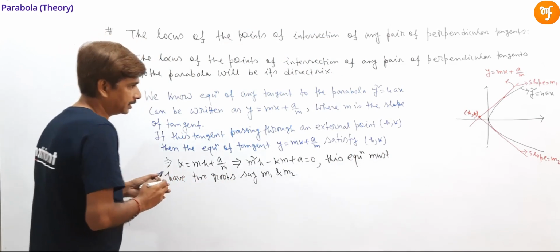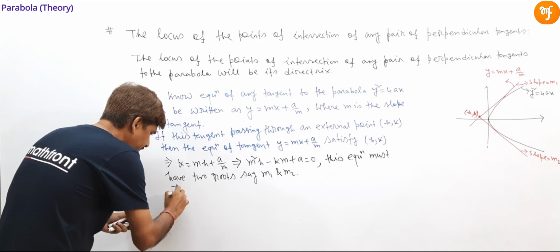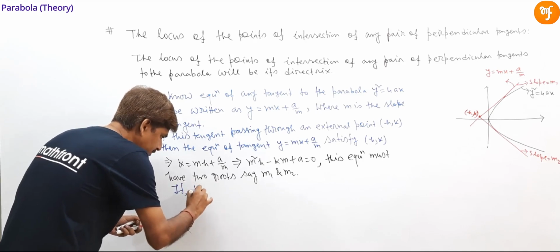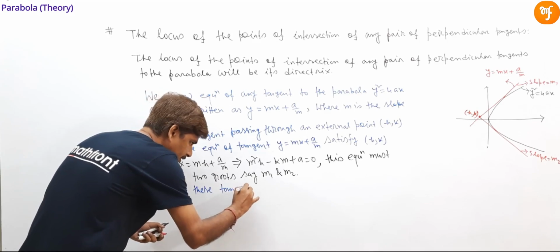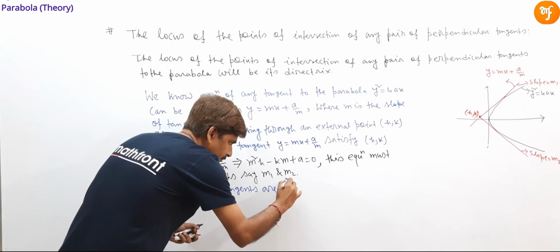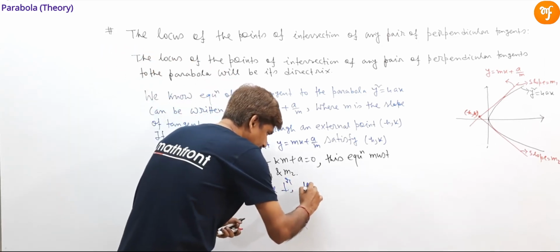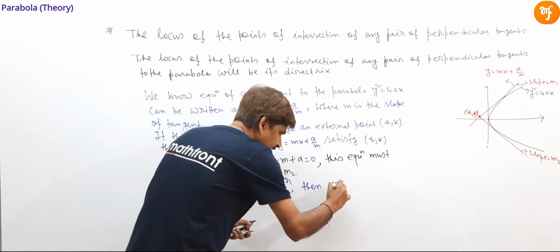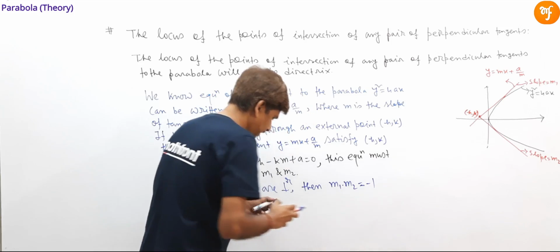So we are writing, if these tangents are perpendicular, then obviously m1 into m2 becomes minus 1.